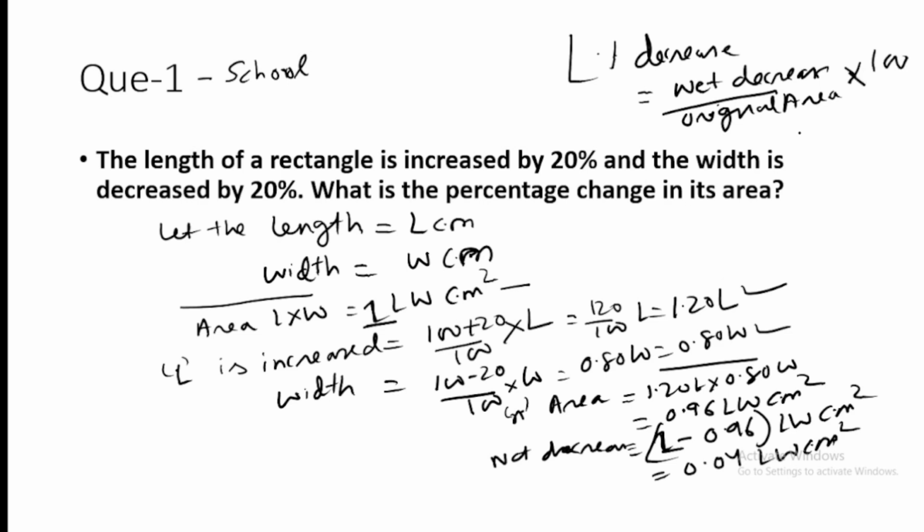So the net decrease is 0.04 divided by 1, that is 1 LW, multiplied by 100. By solving this, you get 4% as the decrease in the area. So this is the answer. 4% is the decrease in area.